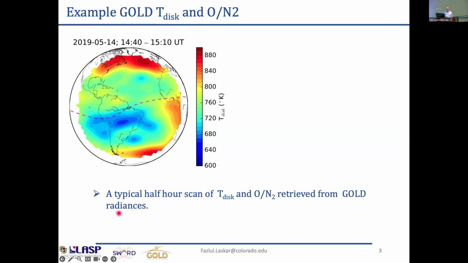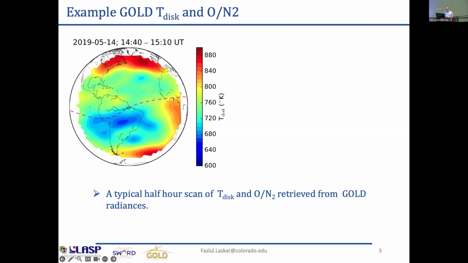So high latitude portions were warmer, and there were a lot of other perturbations in the disk. These temperatures are very dynamic, and they respond very well to a lot of forcing: lower atmosphere, solar, and geomagnetic forcings. We have used these temperatures to retrieve the neutral densities, and those were also validated using independent satellite observations.